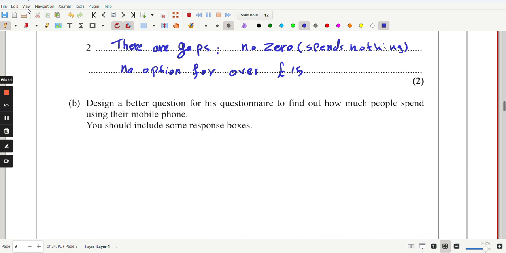Design a better question for his questionnaire to find out how much people spend using their mobile phone. You should include some response boxes.